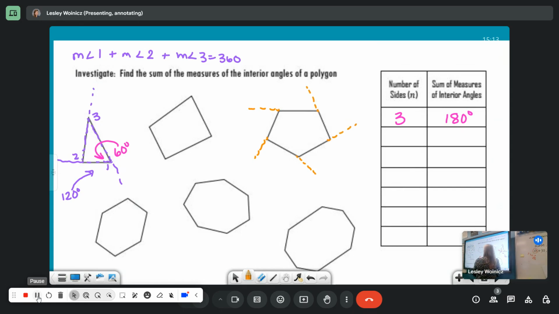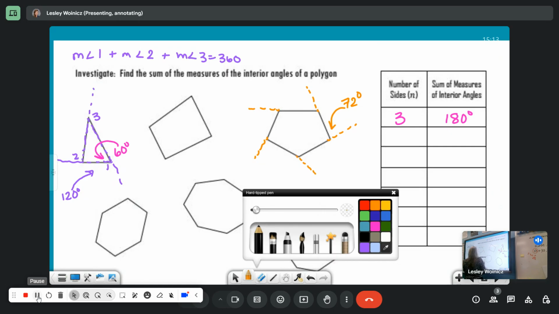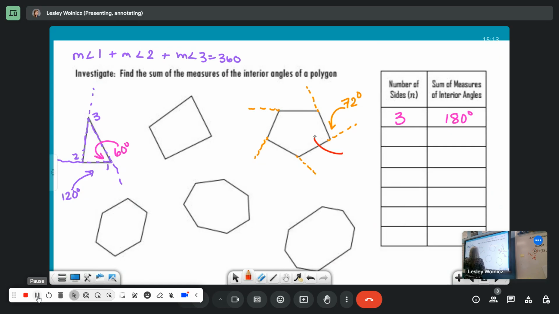Okay, so this time, how many exterior angles do we have? 5. So we're going to take that entire 360 degrees and divide by 5. So each exterior angle, if we're pretending it's regular, is 72, which means that the interior angle is 108.